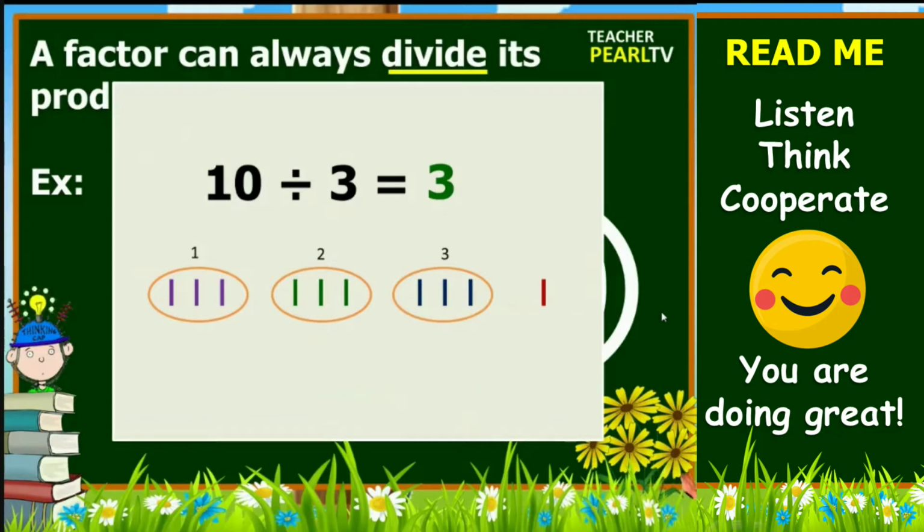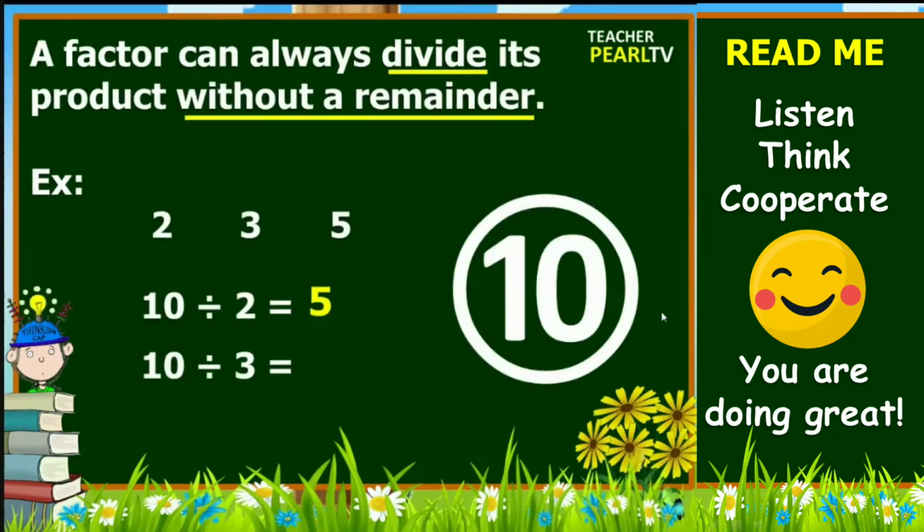Notice that there is one stick left. This means one stick is the remainder 1. So for 10 divided by 3, the correct answer is 3 remainder 1.